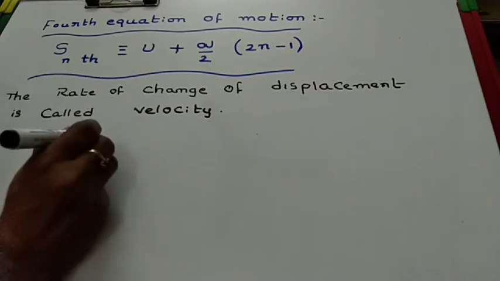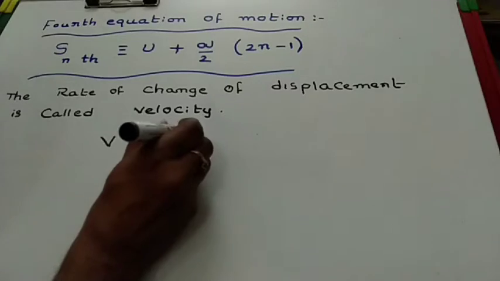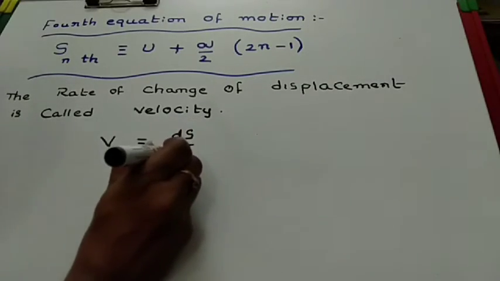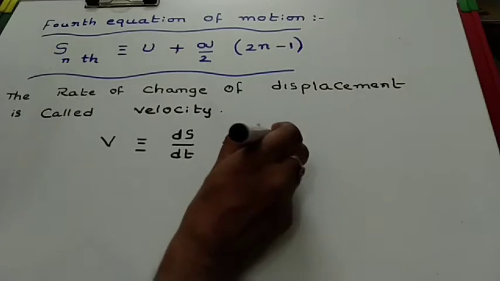Therefore, velocity v is equal to ds by dt. Consider this equation number 1.